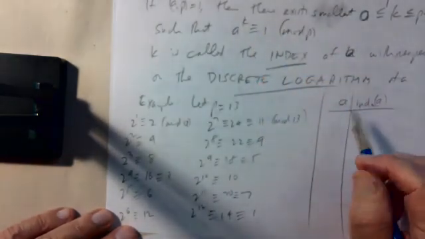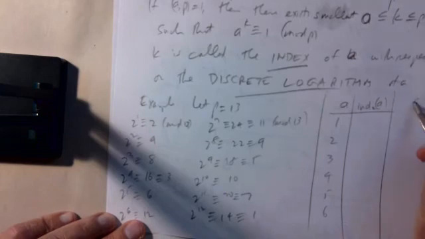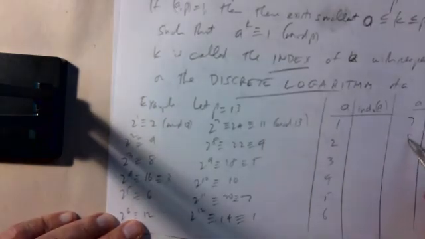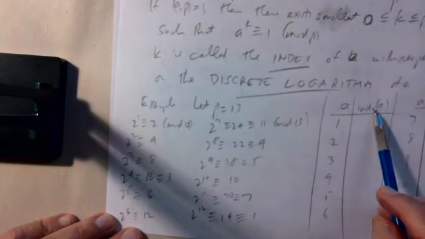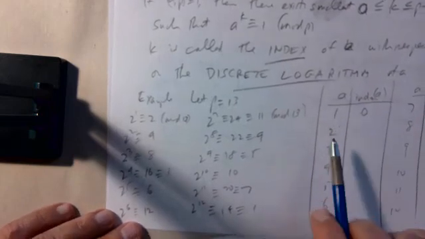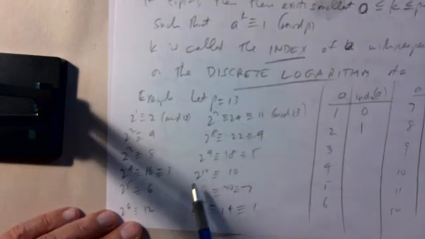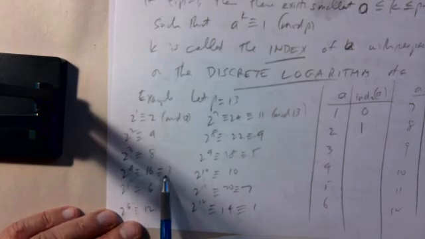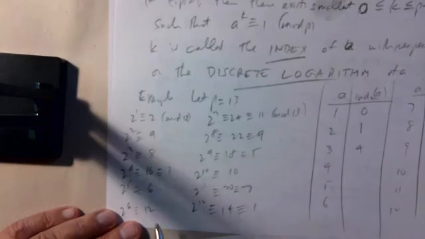So I take 1, 2, 3, 4, 5, 6, and then I'm going to need another table, 7, 8, 9, 10, 11, 12. What power of 2 is equal to 1? The 0th power. What power of 2 is 2? The first power. What power of 2 is 3? 2 to the fourth is 3. So the index or the logarithm of 3 to the base 2 is 4.